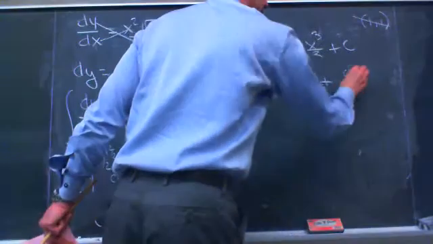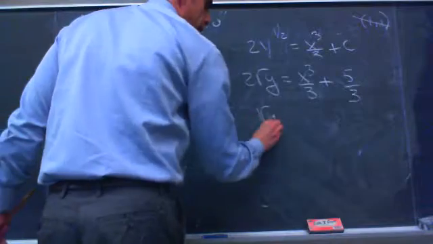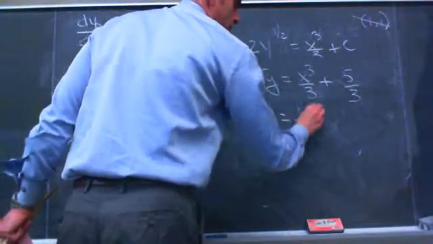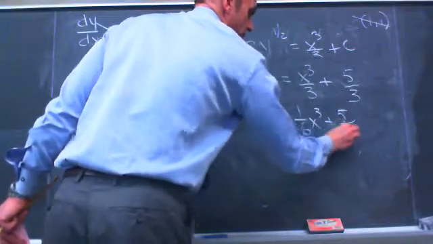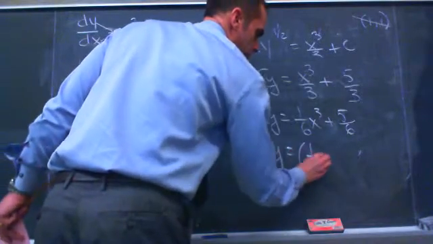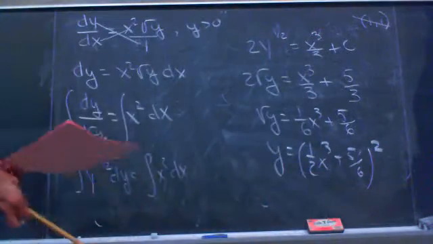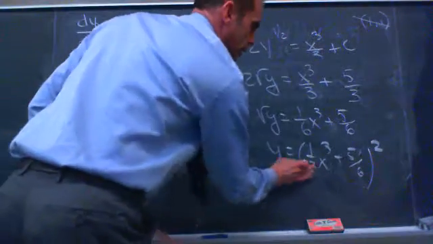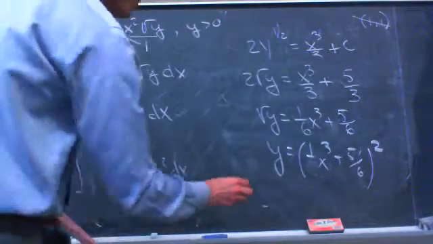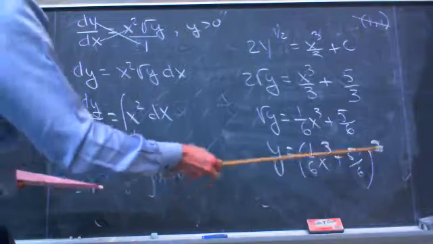I put this back in and get that. Multiply through by 1/2 to get root y equals 1/6 x cubed plus 5/6. And then I would square both sides to learn that the particular solution is the function (1/6 x to the third plus 5/6) squared.